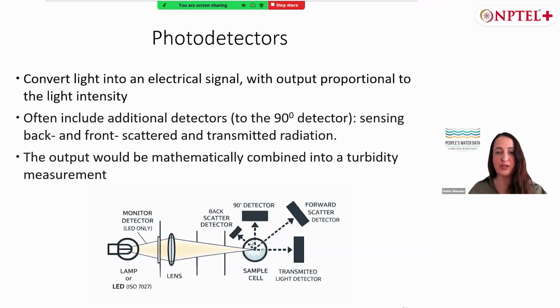So we can measure the back, the forward, the 90 degrees detector, and also a transmitted light detector. And the output would be a mathematically combined value that provides us the turbidity. But most of the simple turbidity meters only provide the 90-degree detector.